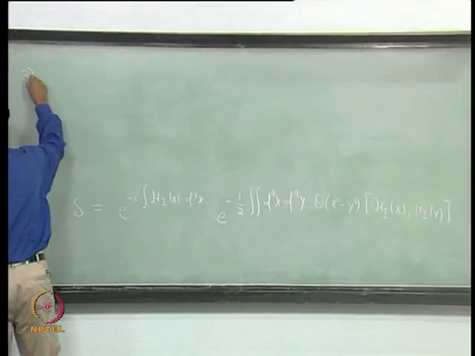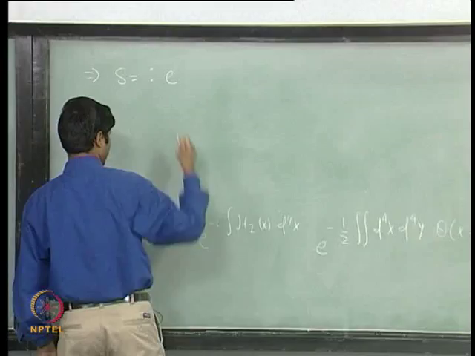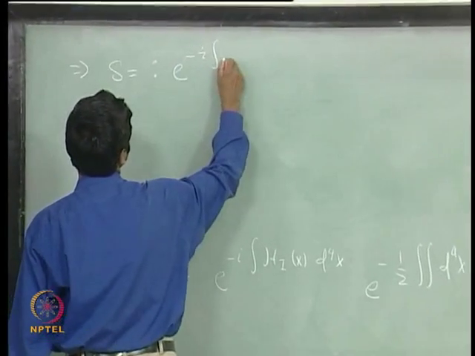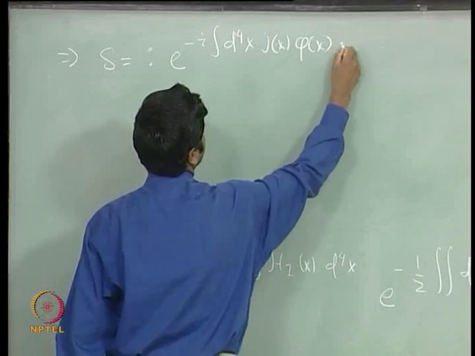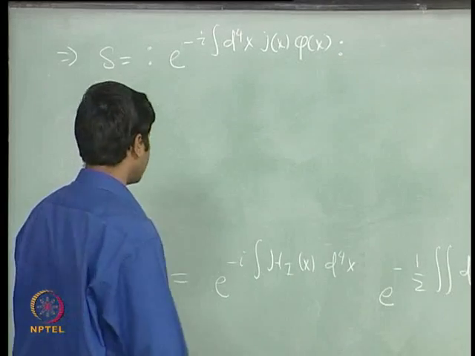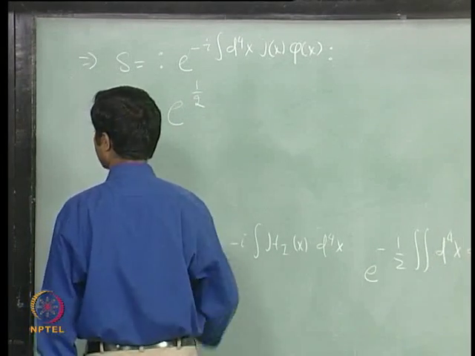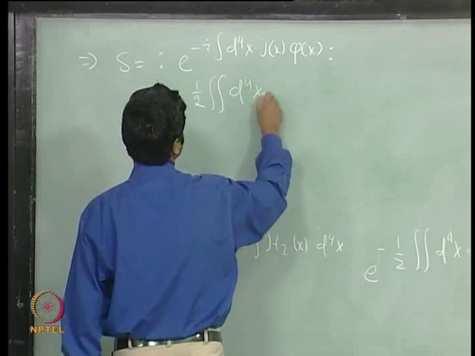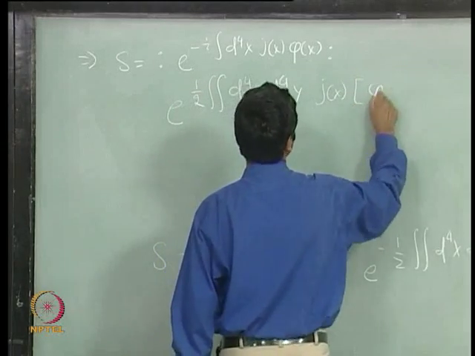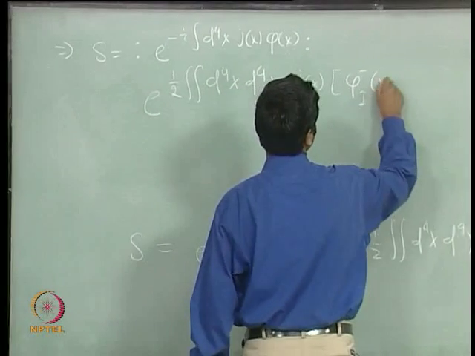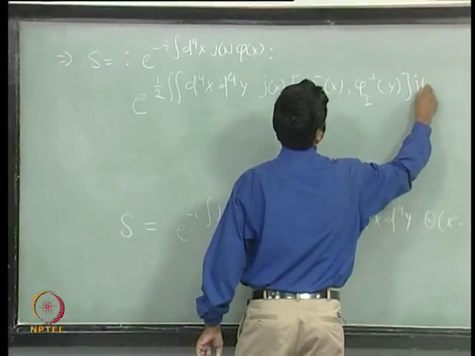So, this implies the S matrix is normal ordering of e to the power minus i integral d4x j of x phi of x, and then this times e to the power half integral d4x d4y j of x phi_I minus x phi_I plus y j of y.